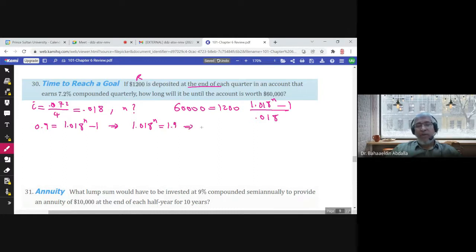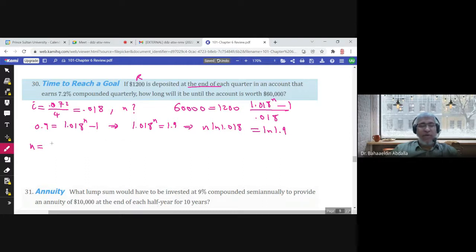And then we apply ln to both sides and we take n out. So we will have n times ln 1.018 equals ln 1.9. And then n would be ln 1.9 over ln 1.018.